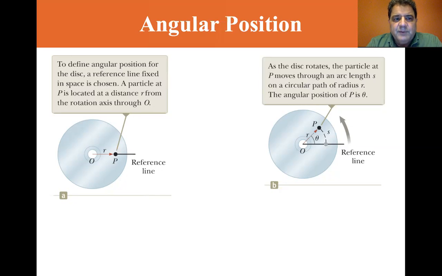So we start with angular position, and to define an angular position for the disk, this is a cartoon image of a CD, compact disc. A reference line fixed in space is chosen. Typically, when you look at rotational graphs, the 0 point is at the positive x-axis.